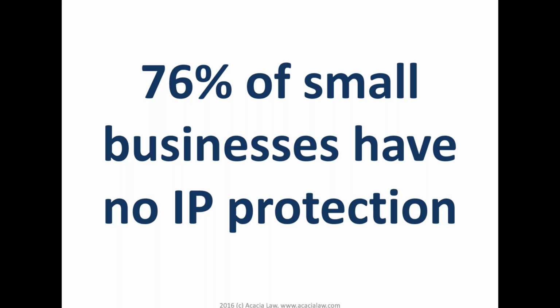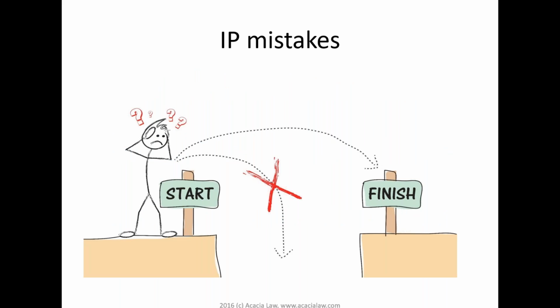But out of the rest of you, it's interesting to note that 76% of small businesses have no IP protection. And my view is, and hopefully by the end of the session you'll agree with me, my view is that every single business owns some type of intellectual property. And so it's really important for you to understand the different types of intellectual property, how you can protect them, and to make sure that you don't infringe somebody else's intellectual property.